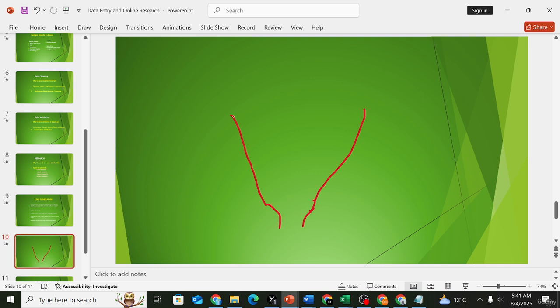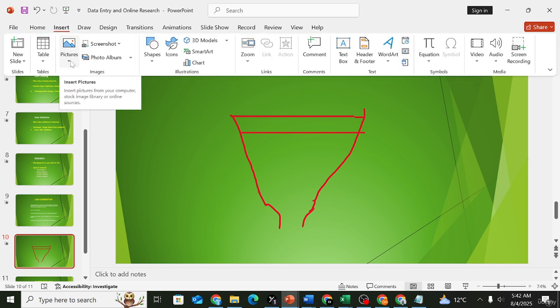On top of this funnel we have this area. This is the area where people are getting attracted. This is the area of attraction.